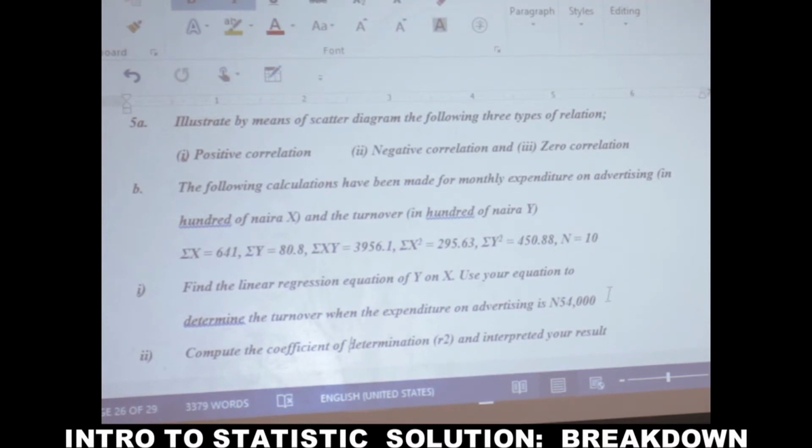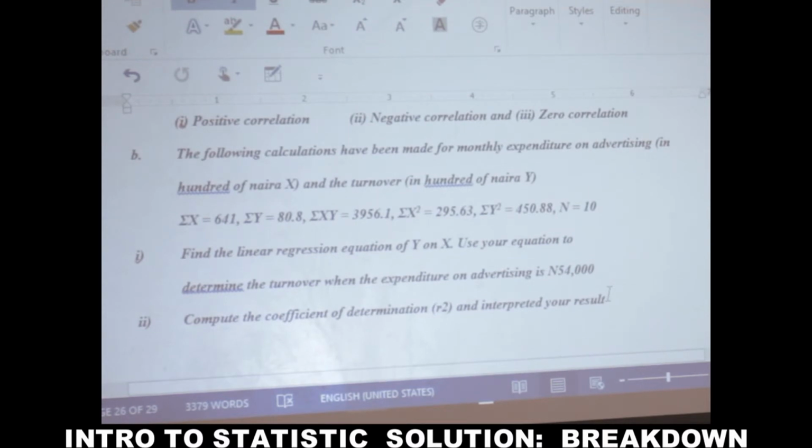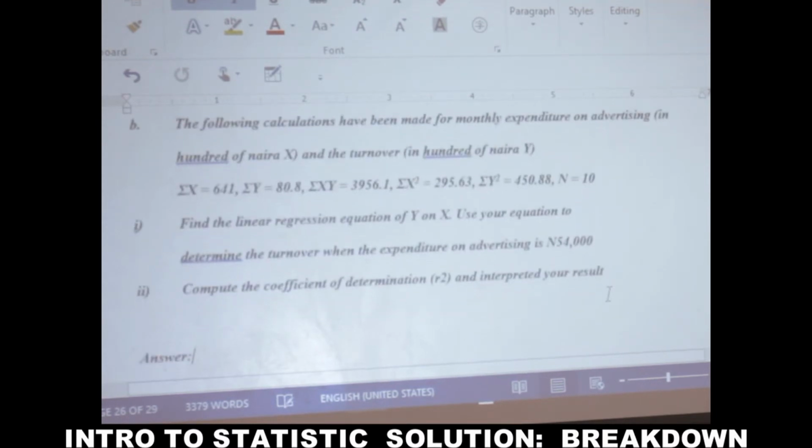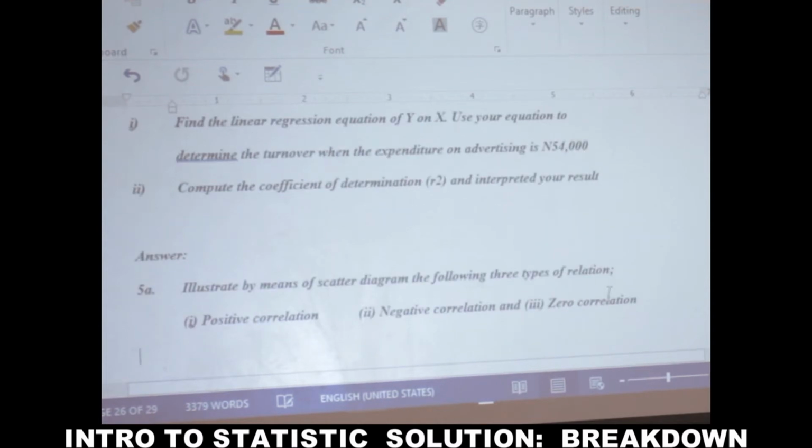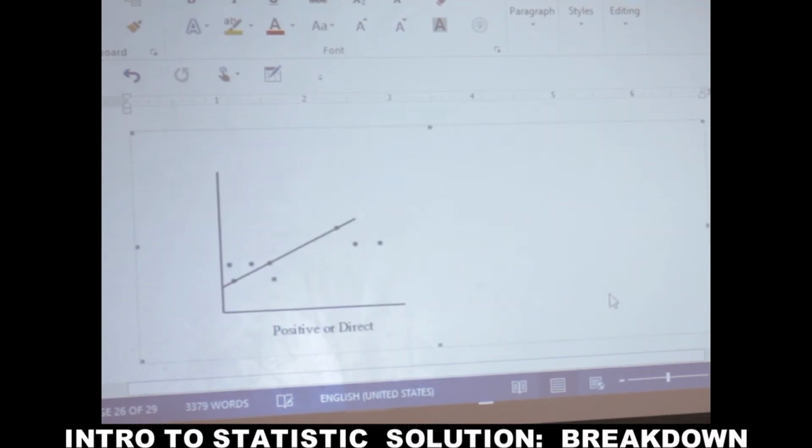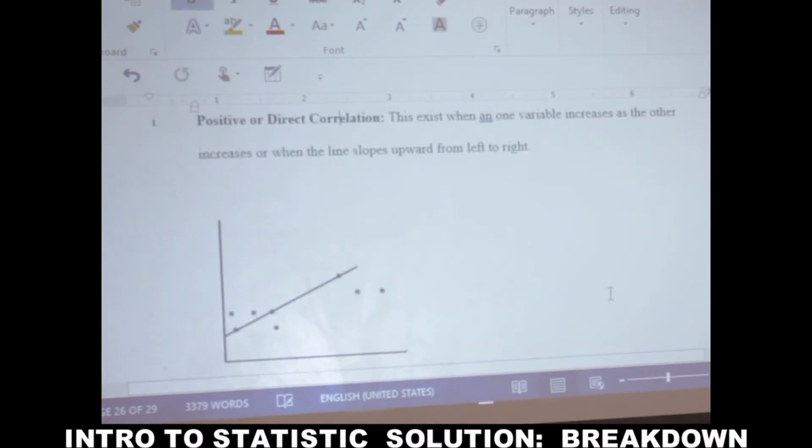B. The following calculations have been made for monthly expenditure on advertising in 100 of naira, which is X, and the turnover in 100 of naira, which is Y. This one we are talking about correlation and regression. Just find the linear regression equation of Y on X. We have talked about this earlier, but let's go into the answer briefly.